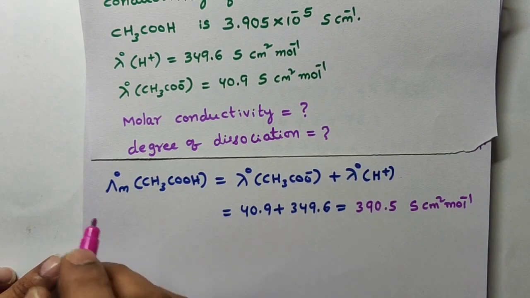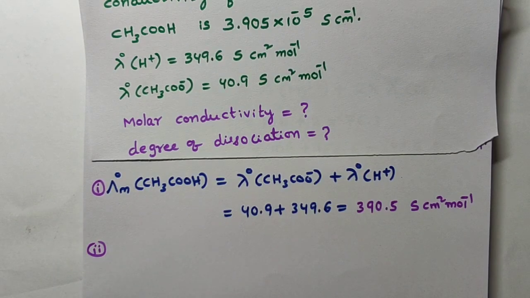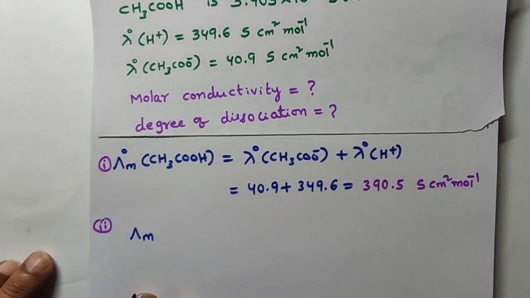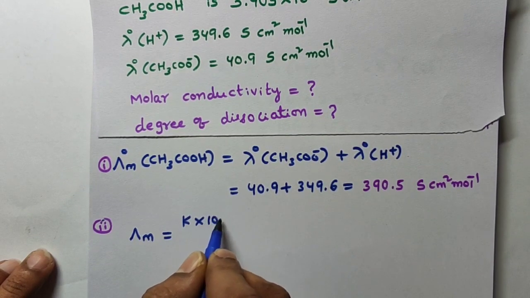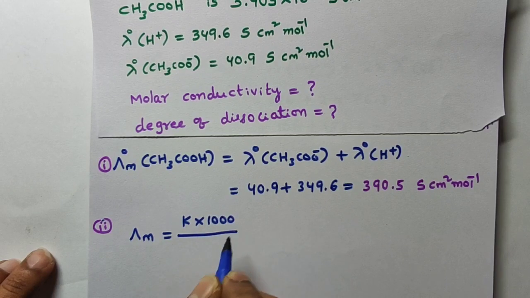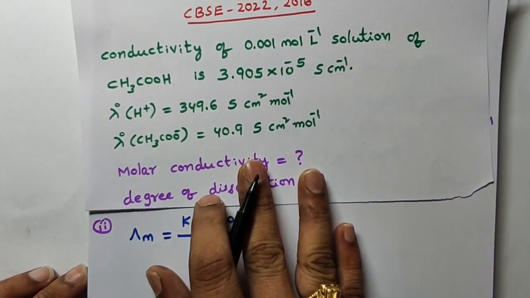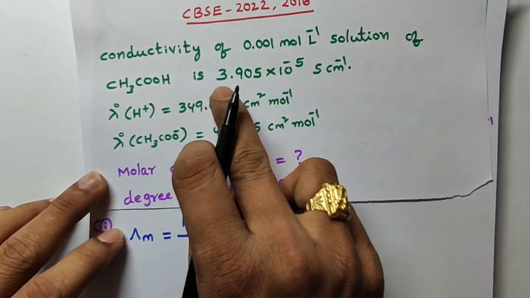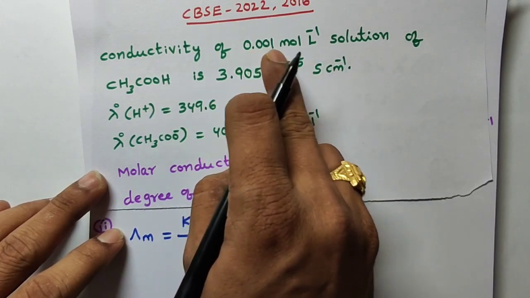Okay, so this is the first step. And next, in the second step, let us find the molar conductivity. What is the molar conductivity formula? Molar conductivity equals kappa into 1000 divided by molarity. Here, what is the conductivity given in the question? Look at this. Conductivity is given as 3.905 into 10 power minus 5, and this is the concentration.